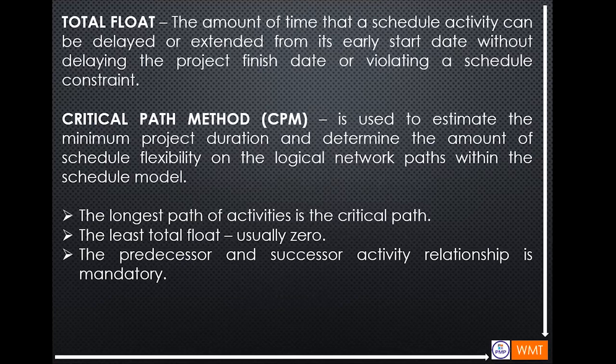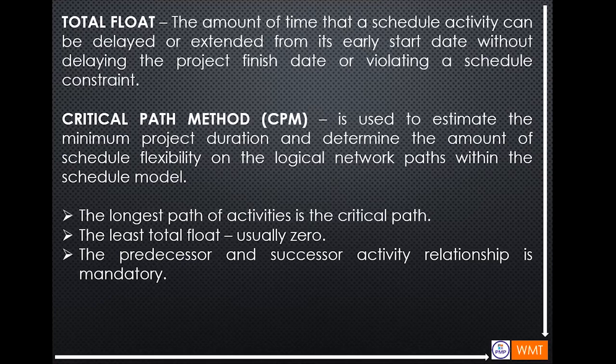So the total float is the amount of time the scheduled activity can be delayed or extended from its early start date without delaying the project finish date or violating a schedule constraint.